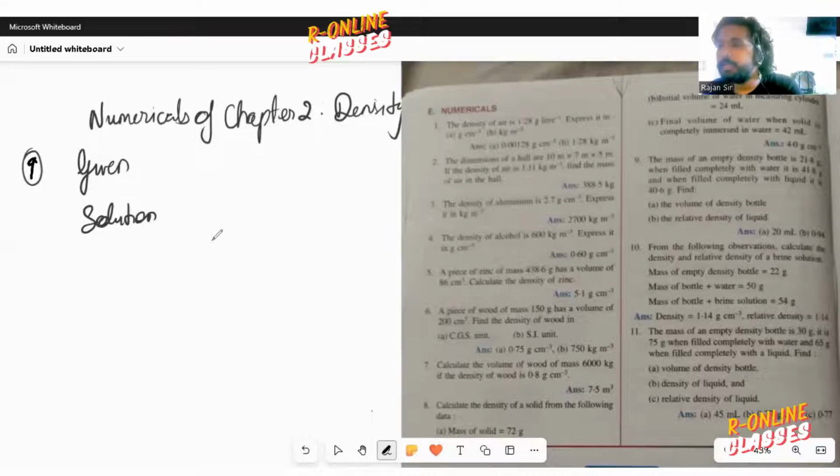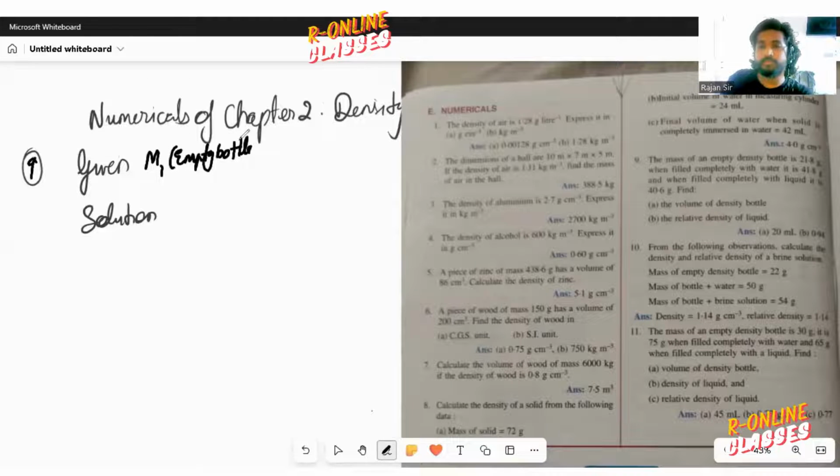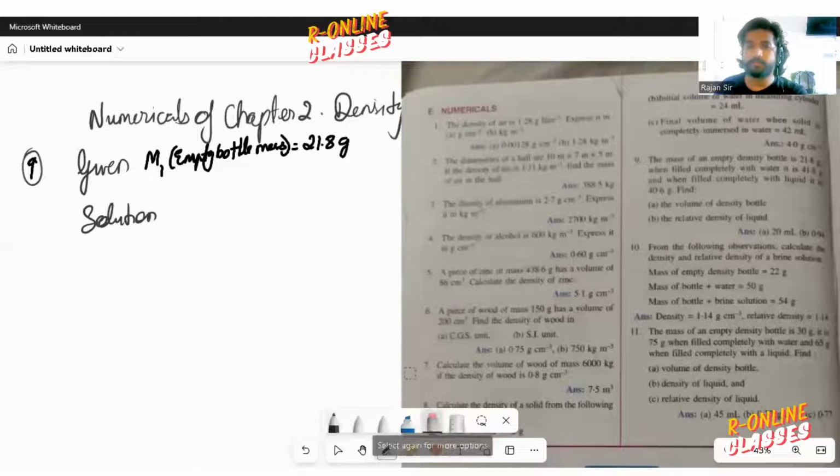9th, the mass of an empty density bottle. Now this is related to the density bottle experiment. So let's go for this one. The mass of an empty density bottle, we take M1 as the empty bottle mass, let's take it as 21.8 gram.